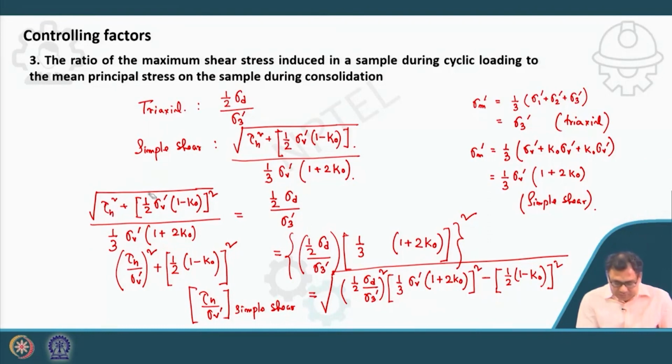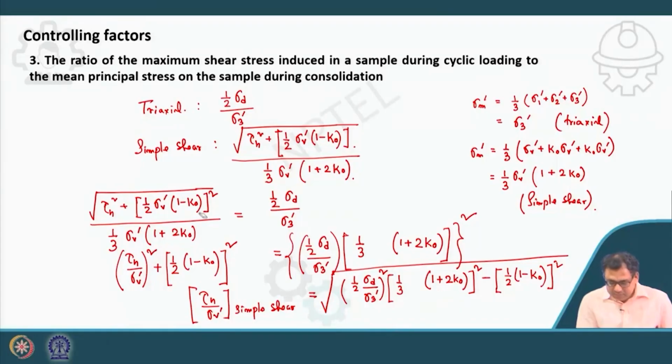So this sigma v dash square within the root will cancel. So there will not be sigma v bar here.